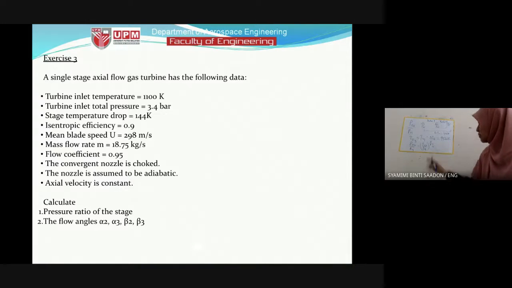So we have 0.533, the pressure ratio. Because the turbine is the opposite of the compressor, we have to invert it, P01 over P03.